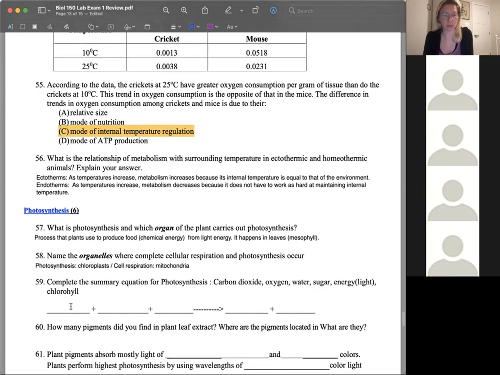All right, so let's put out our summary chemical equation. We kind of already said that we need light energy, right? What else do we need for photosynthesis? Water. Yeah, we're going to need some H2O.